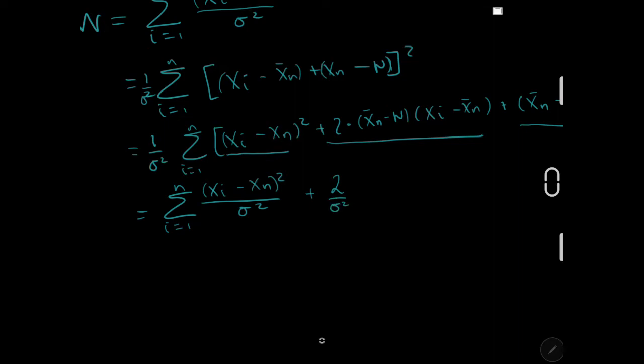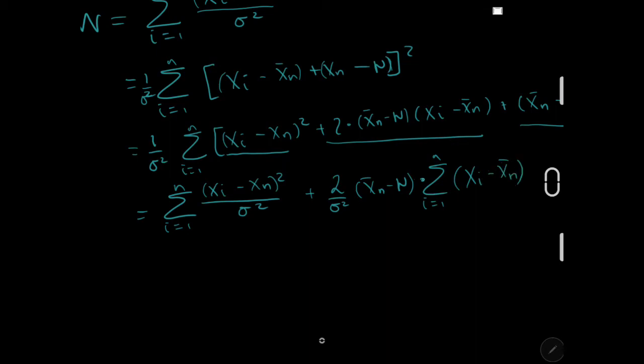And then this sum is basically going to go in, and xn bar minus mu doesn't depend on i, so that's a constant. So I'm going to bring it out, xn bar minus mu, and then I'm going to have the sum, because xi definitely does depend on i, from i to n of xi minus xn bar.